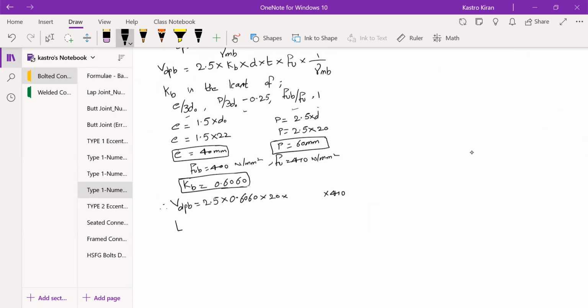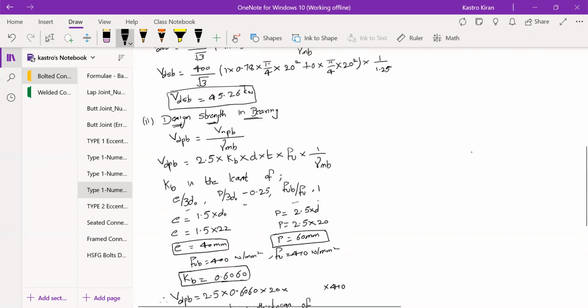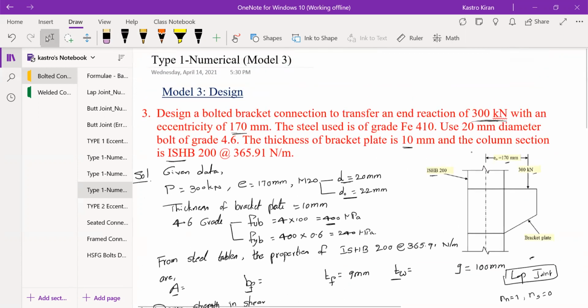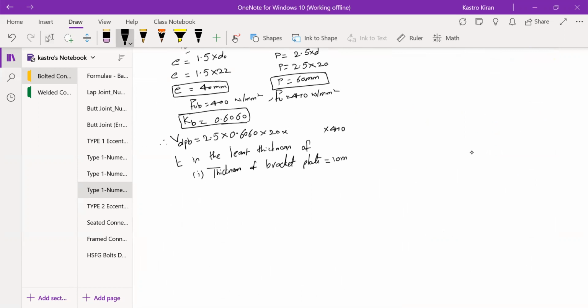So the value of t is considered as the least thickness of two conditions. First one is the thickness of the bracket plate, which is given in the question as 10 mm.